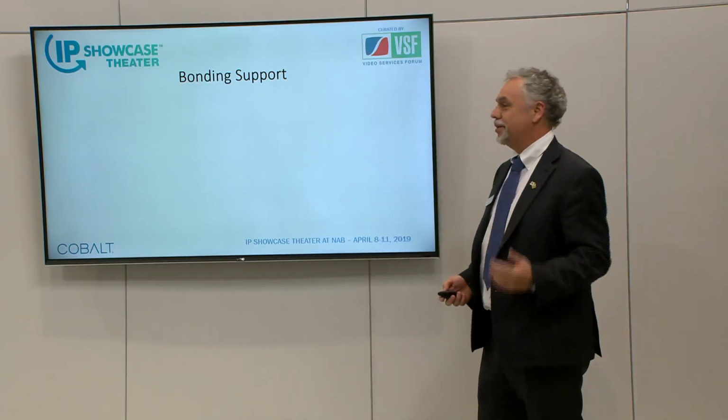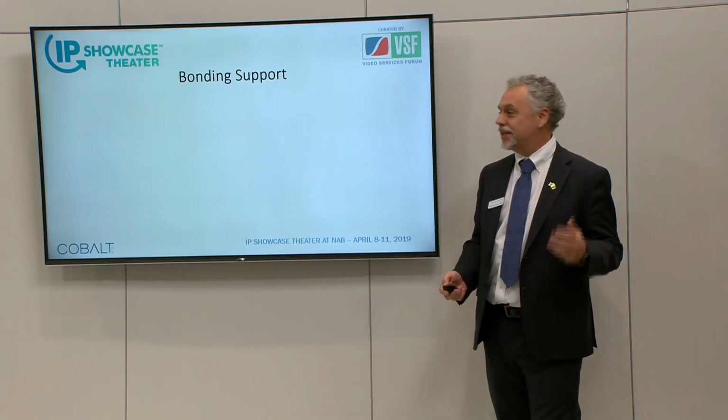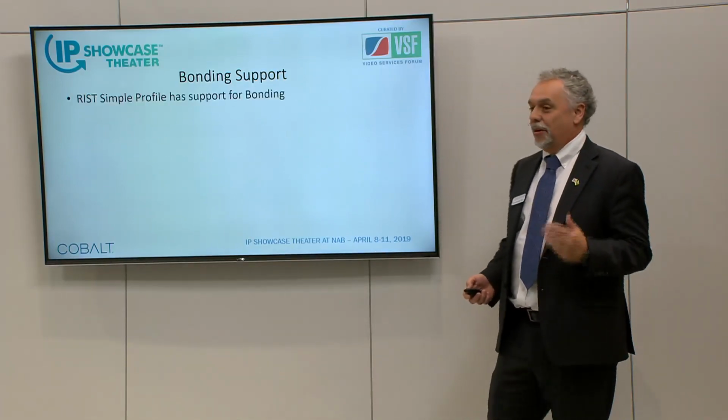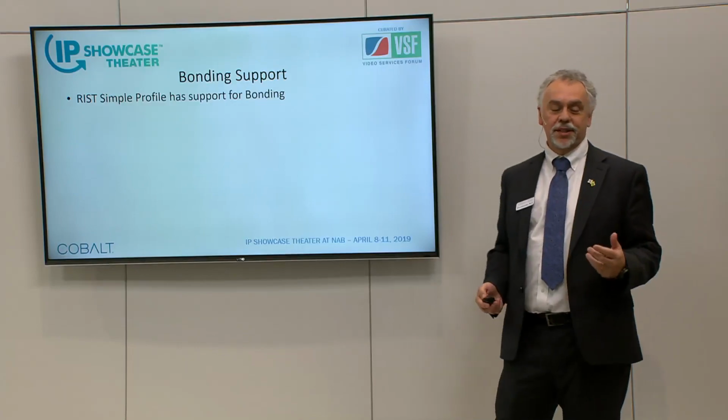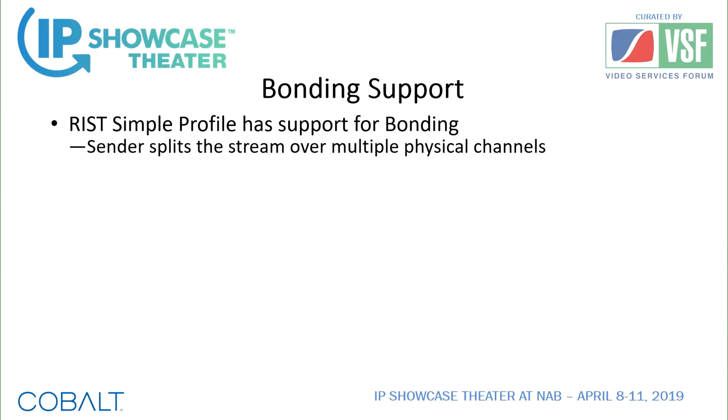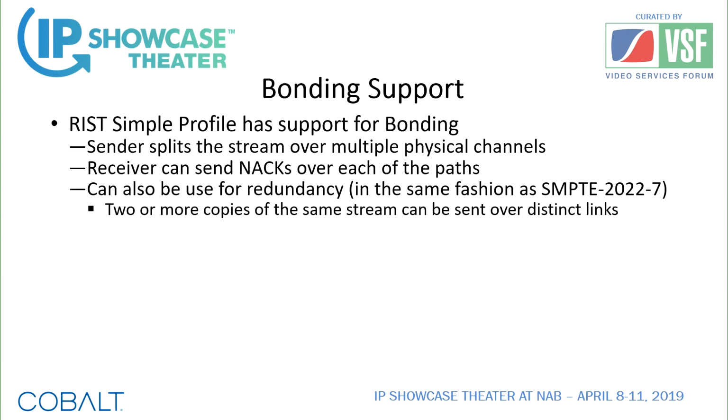Additional functionality: bonding support. What's bonding? We have support for bonding in the simple profile. Bonding is simply you split the stream over multiple physical links, so you can use the bandwidth in parallel. The receiver can send the NACK on any of the links or over the paths.